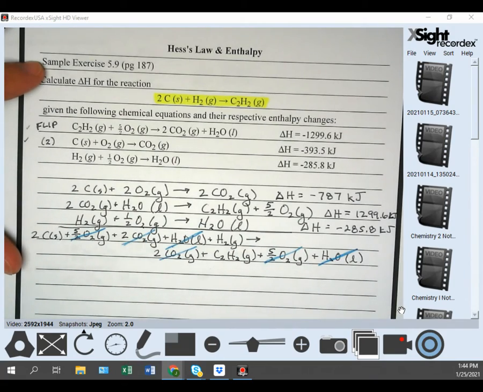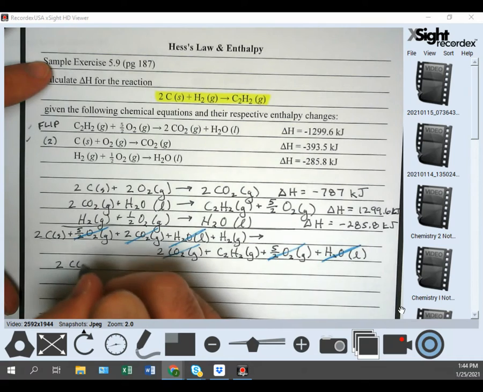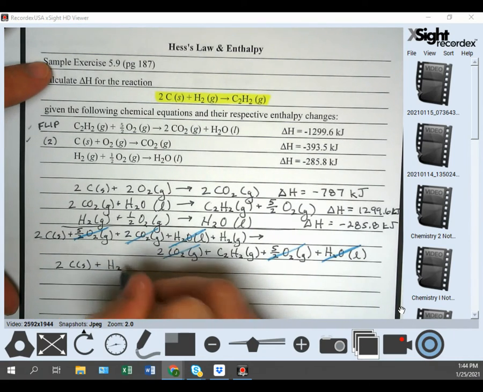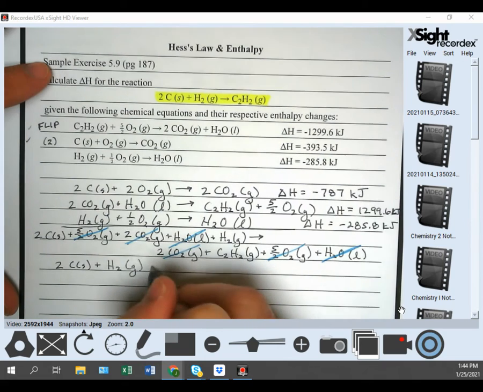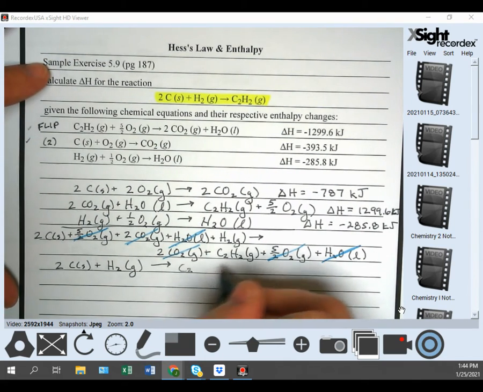So what am I left with? 2 carbon solid plus H2 gas yields C2H2 gas.